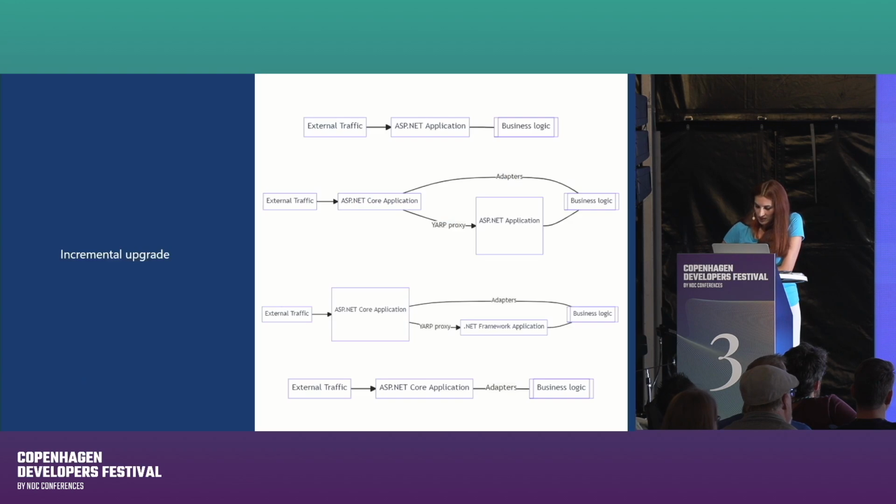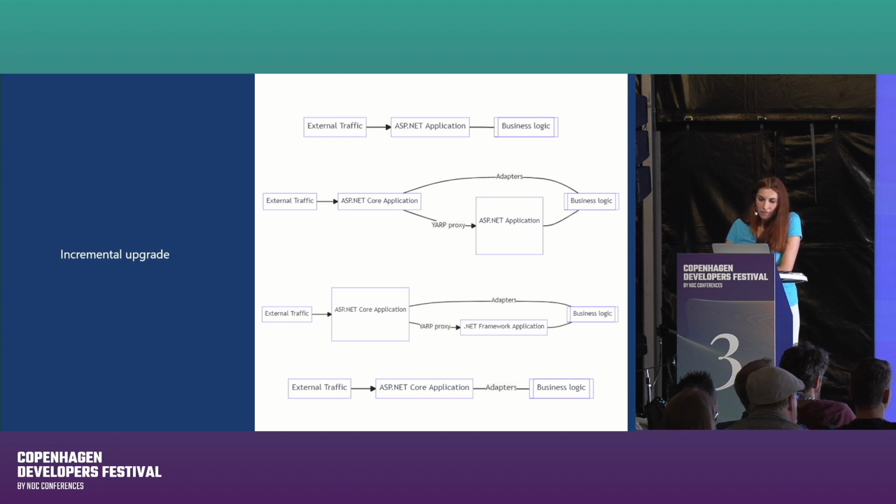Or, in other words, when we are looking at a web application, there is external traffic, there's an ASP.NET application and business logic. That's how my app looks. Then, when I start upgrading, I put an ASP.NET Core application as a facade, and I'm using a YARP proxy to talk to my ASP.NET application. And there is also business logic.